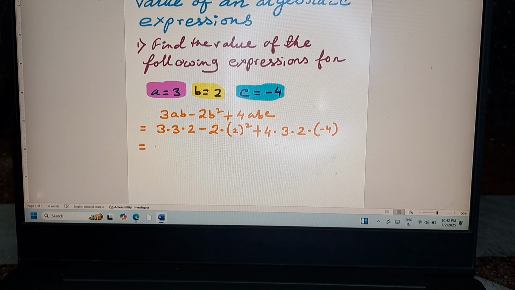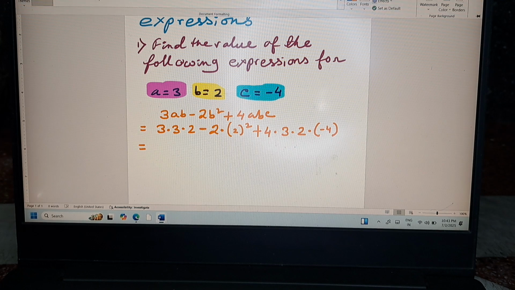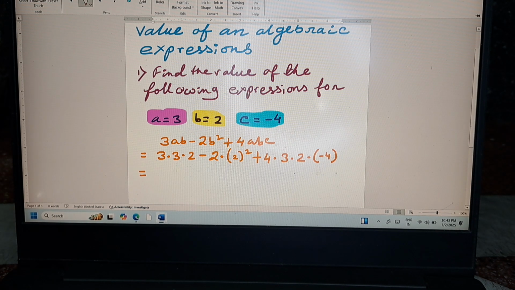So what we are doing is applying the basic integers rule.